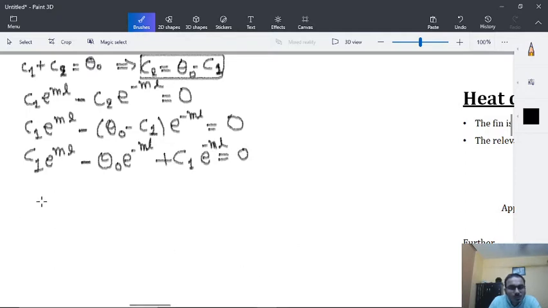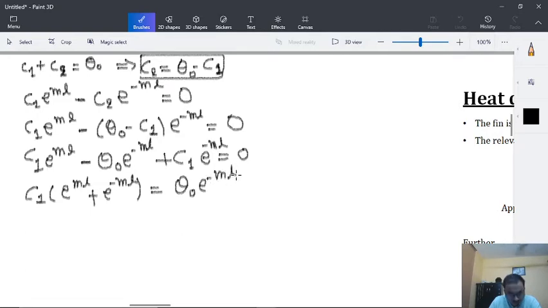So what is going to happen here is that we can take C1 common and we get e raised to ml plus e raised to minus ml, it should be plus, okay, is equal to theta 0 e raised to minus ml.